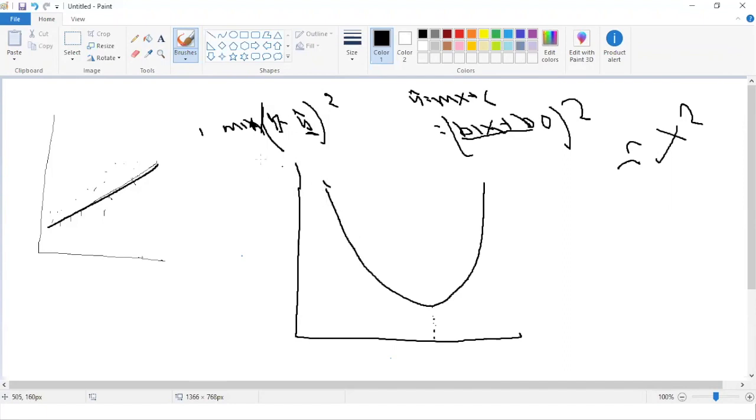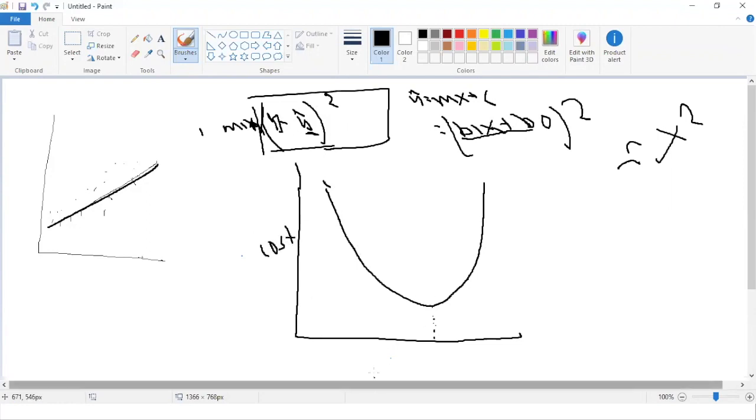Now if you plot y minus y hat whole square, you'll get this kind of shape, because it's an equation of x square. What this is giving you is the cost function.